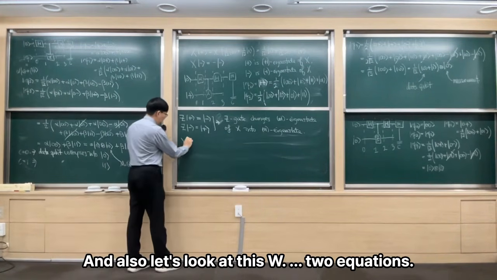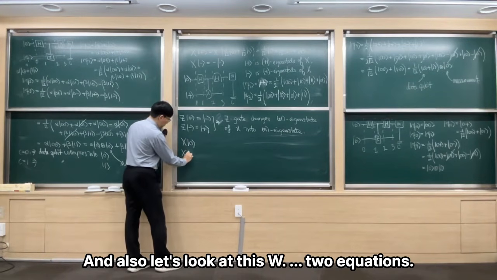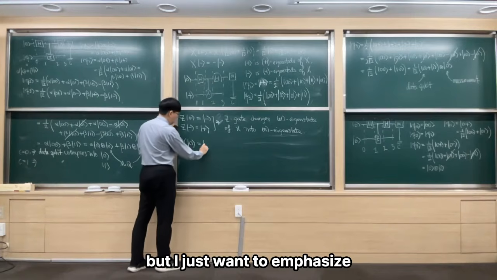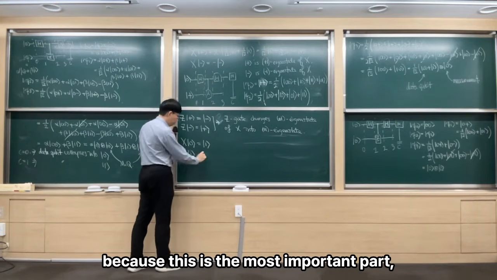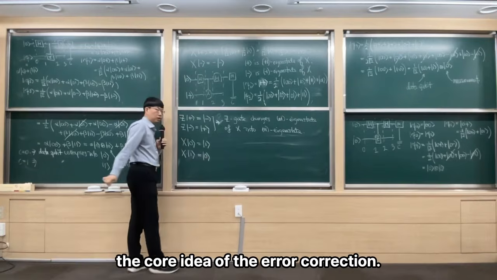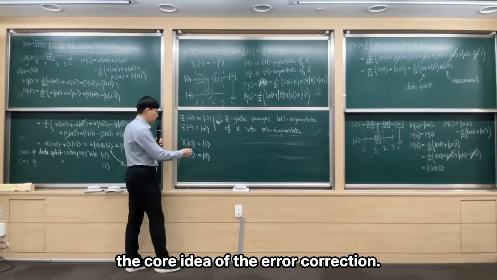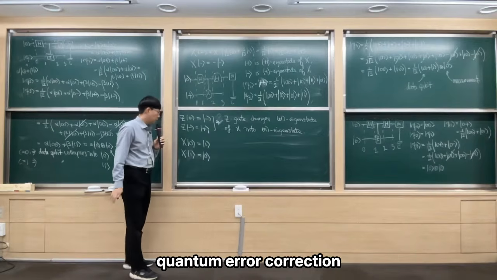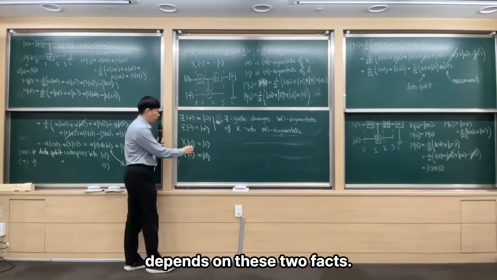And also let's look at these two equations. They are kind of obvious equations that we learned in the beginning, but I want to emphasize them because this is the most important part, actually the core idea of error correction. Every type of quantum error correction depends on these two facts.